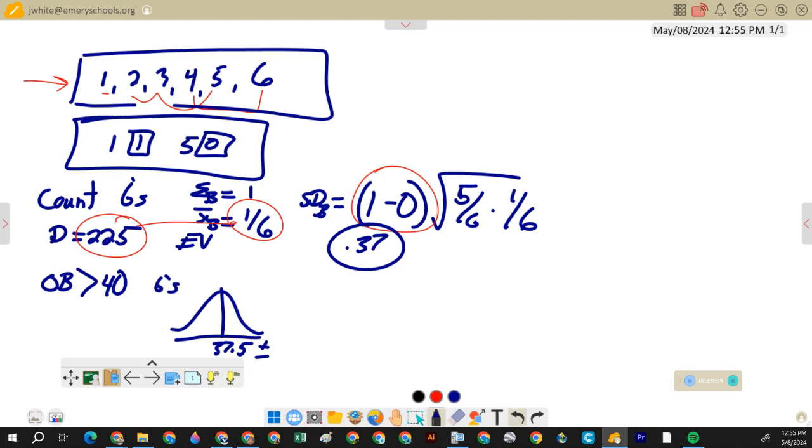What SE do I use in this case? SE sum, SE percentage, or SE average? We want to know the total number of sixes. So SE sum. So I'm going to times this by 15, well, the square root of 225, which is 15.